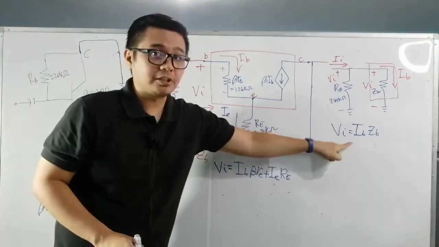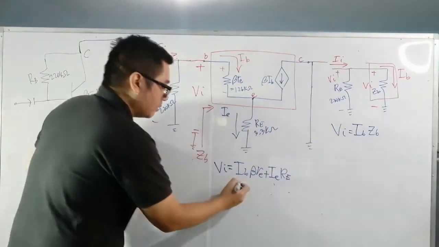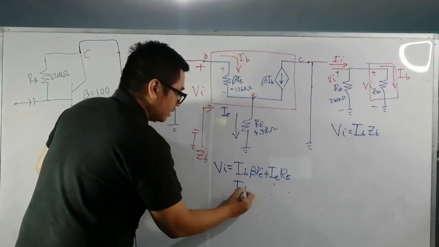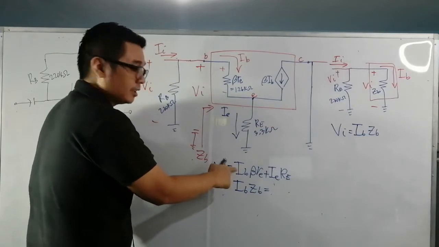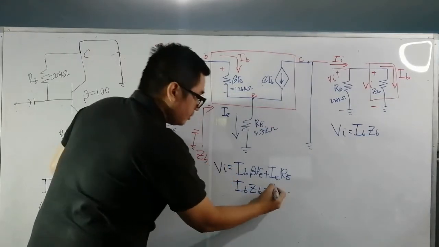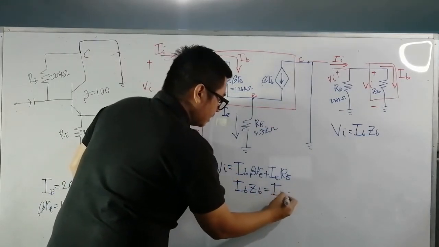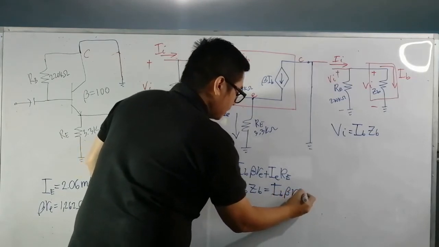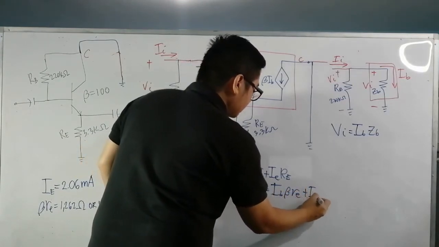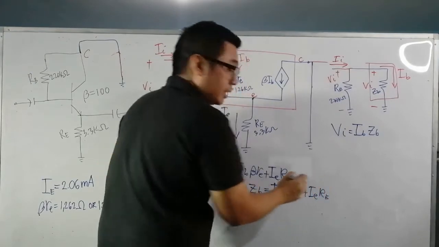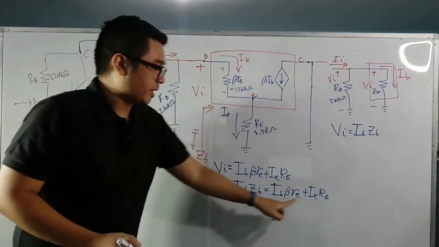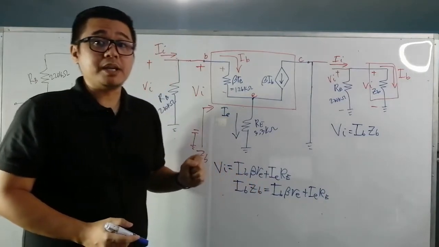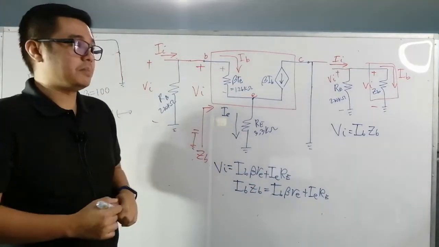Right? So, unahin muna natin to. Lagay natin sa left-hand side. We have I sub B times Z sub B is equal to, lalagay natin to sa right hand side, I sub B times beta RE plus I sub E times external resistance R sub E. Right. We can express I sub E in terms of I sub B para ma-cancel out natin yung I sub B na yon.